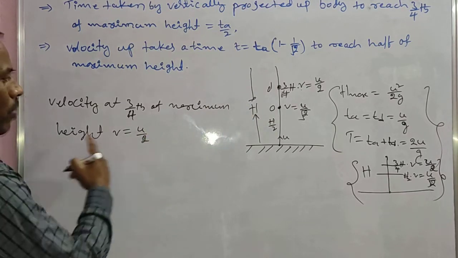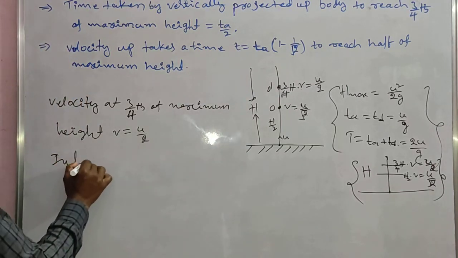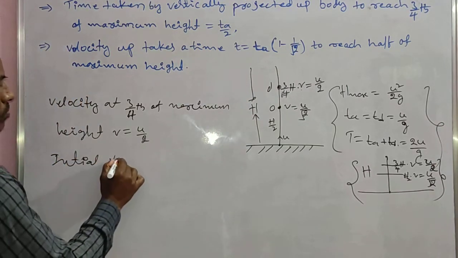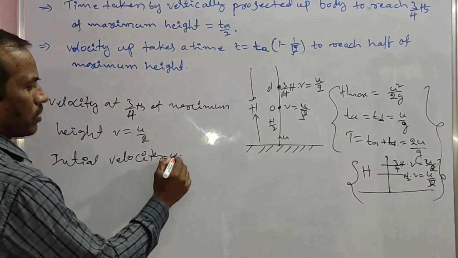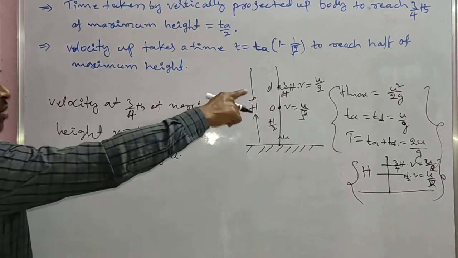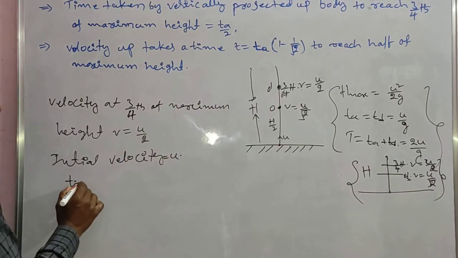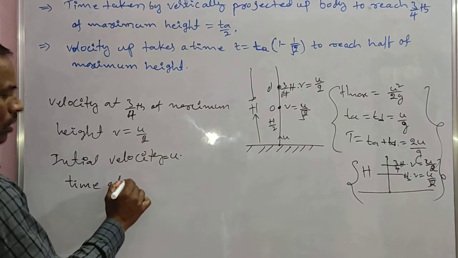This is the final velocity of the body at O prime, and the initial velocity is u. Let t be the time taken to reach O prime.